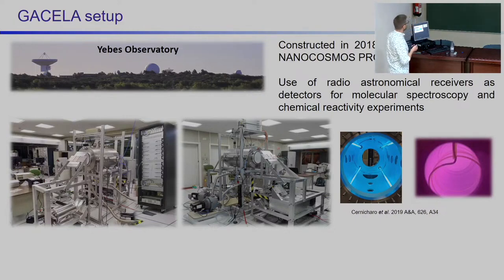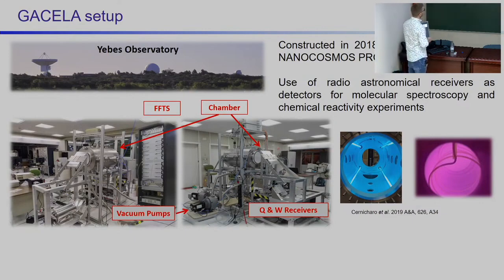The design is the one shown in the pictures, and the experimental setup consists of a vacuum chamber that is almost 900 millimeters in length and 50 millimeters in diameter. This chamber is connected to a vacuum system formed from a scroll drive pump and also a turbomolecular pump.